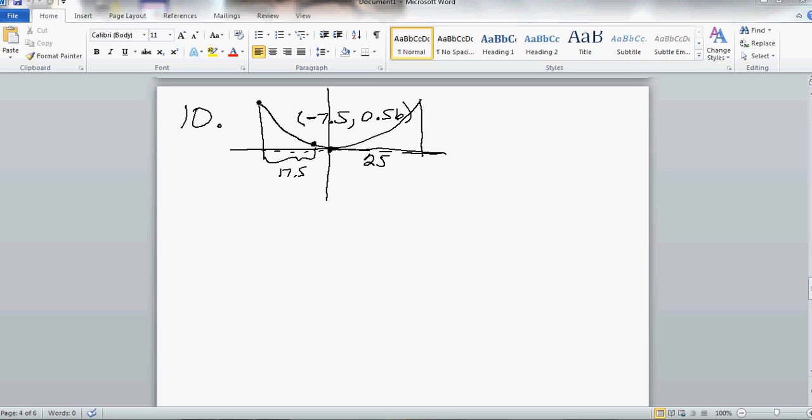Such as we know the point here would be x equals negative 25. That's what we're trying to find: the height of the towers. That's what's being asked. The first thing we need to do is realize this is an x squared equals 4py.